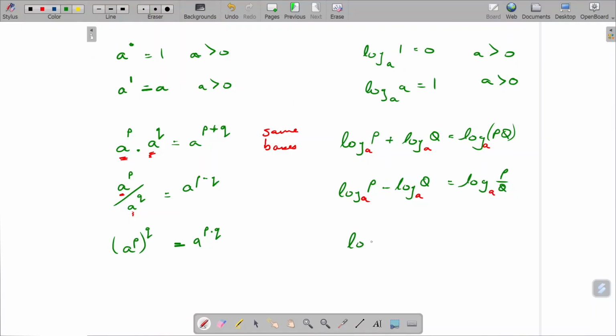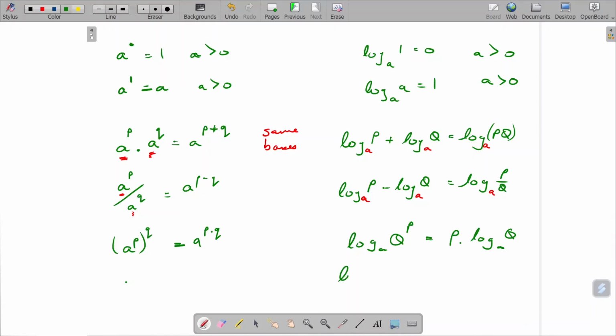That becomes what is very often called the p-log law, which says that log base a of Q being raised further to the power of p is going to become p times log a of Q. So when you had a power to a power, you multiplied. So again, when you have something to the power, you multiply. That's very often called the p-log law. Many teachers or many sources refer to it as such.